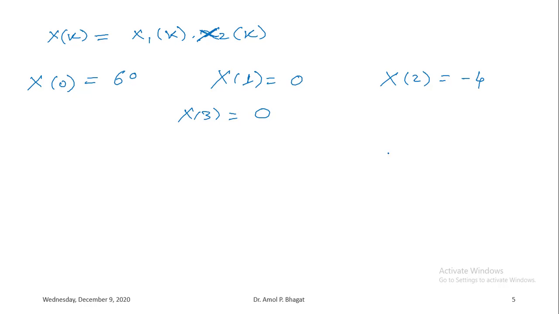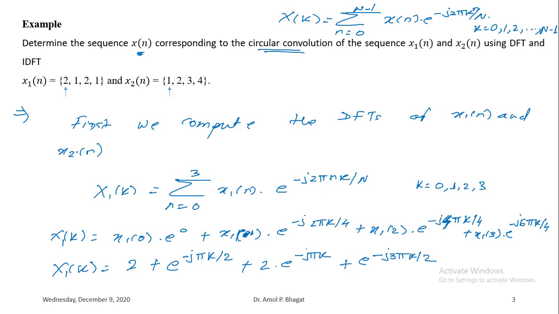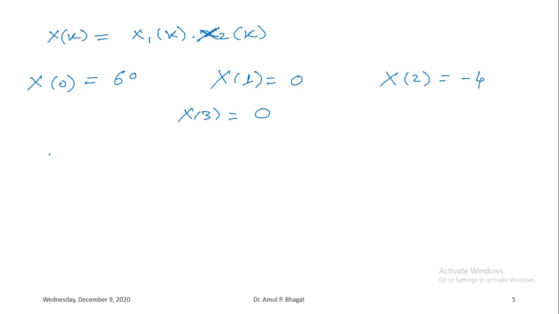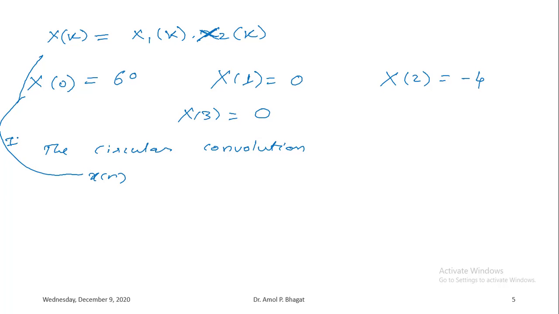But to get the convolution result, we have to determine the sequence x of n. This convolution, that is circular convolution, we'll indicate as x of n, that is nothing but the inverse DFT of X of k.